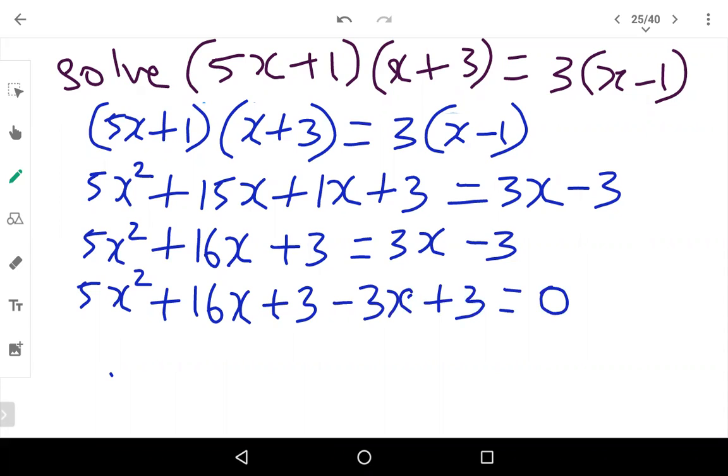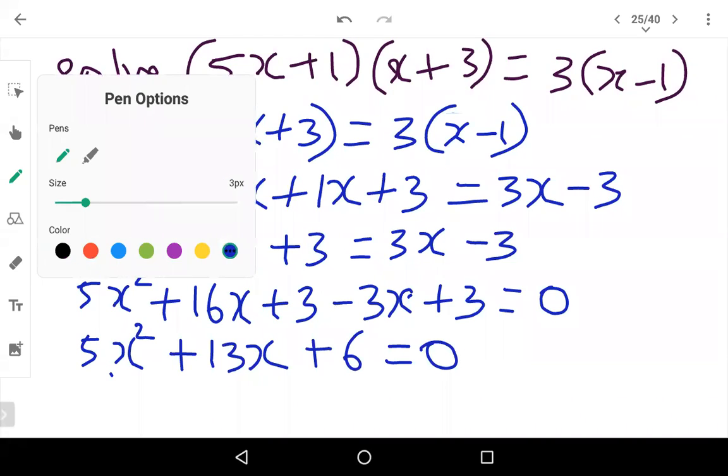Okay. Now coming here, the next step is the other simplification. 5x square. If you see here, you have 16x minus 3x. So 16 minus 3 is 13x. And then you have plus 3 and plus 3, which is plus 6 is equal to 0.